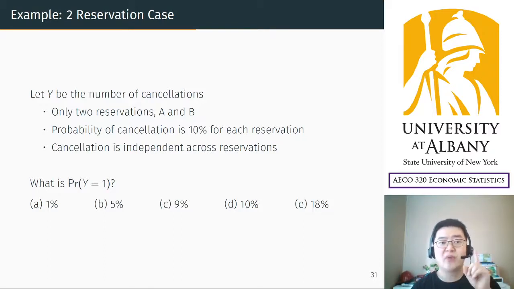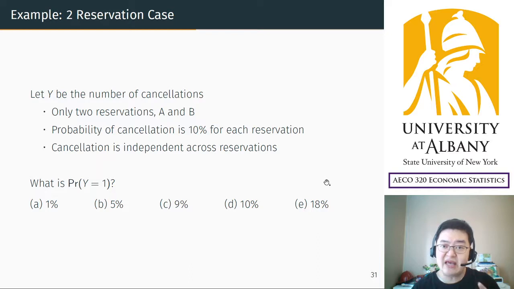What we know is there are 2 reservations, and one is canceled and the other is not. But it could be A canceled and B not, or B canceled and A not. So the cancellation could be from A or B. We have to think about 2 different scenarios, and each scenario has 9%. If A canceled, that is 9%.